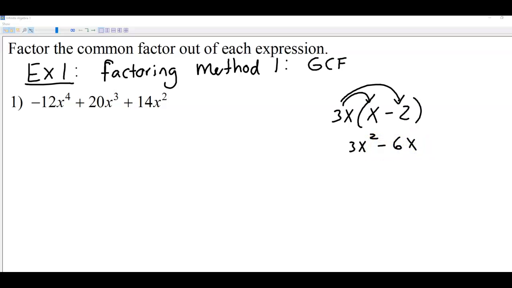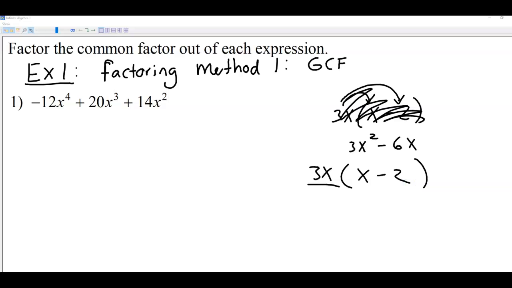Well, taking out a GCF is like the opposite. It's like asking, what can I take out? Or in other words, divide out, because we're doing the opposite. And if I divide it out, what would be left? So it's the opposite of distribution.